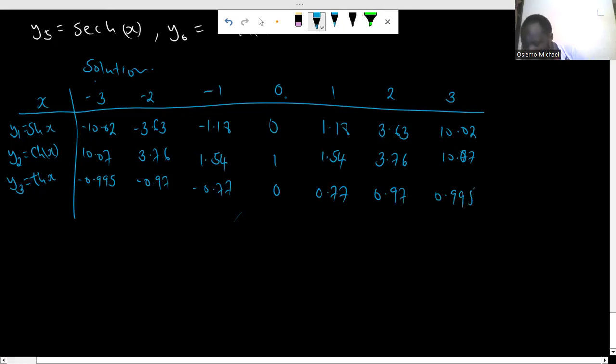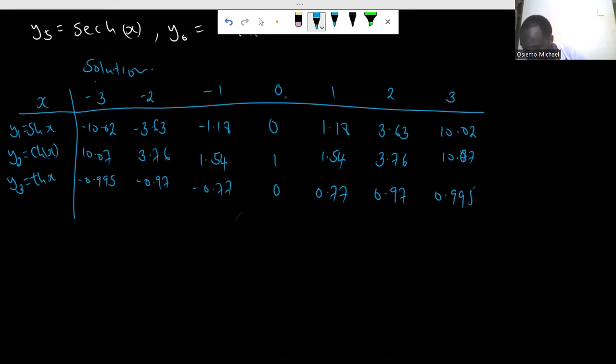For the cosec and the others, we're just going to have similar values, but let us just have a plot of these three graphs in GeoGebra.